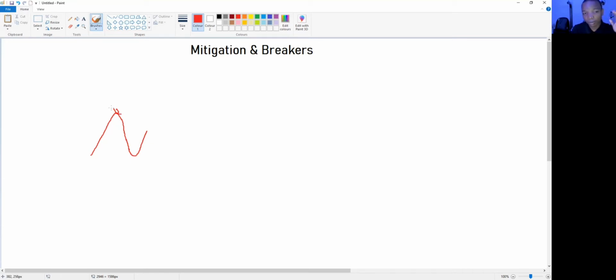This is in the context of an uptrend. And after it fails to break above, it results in a break of structure. So the conversation behind it is that once the market has created this break of structure, it will go back to retest this area over here and then go down.